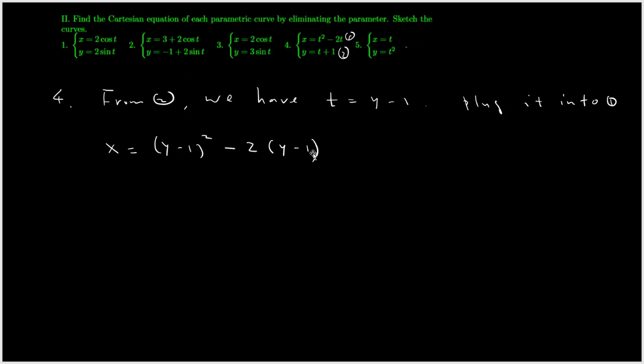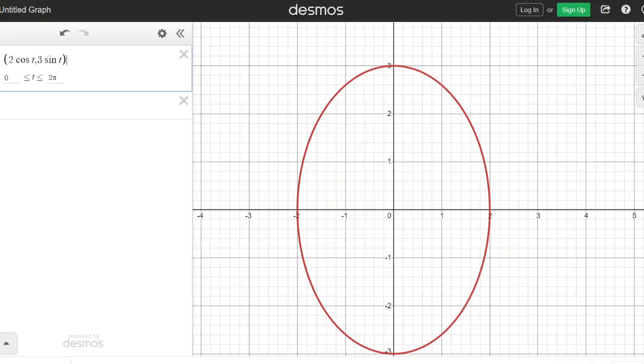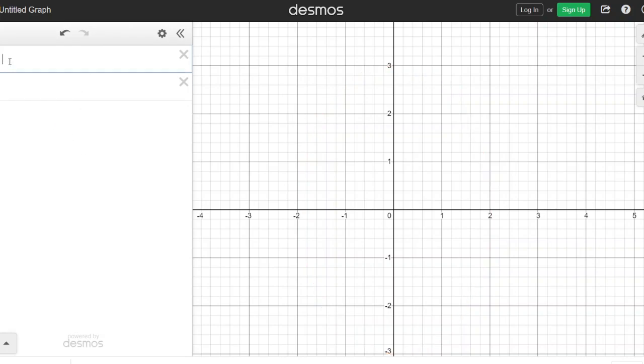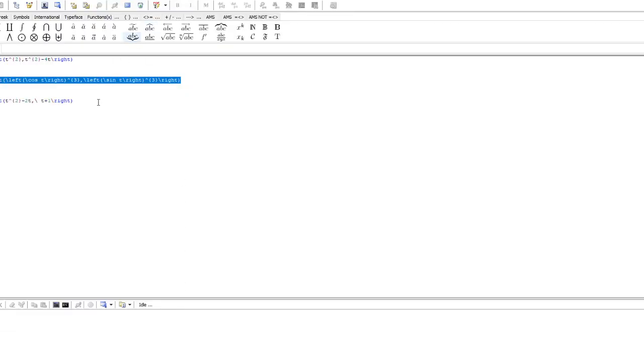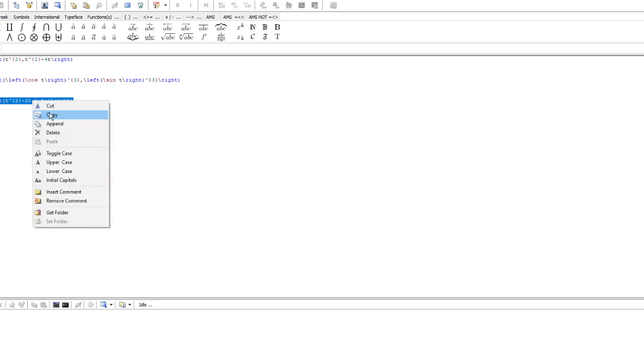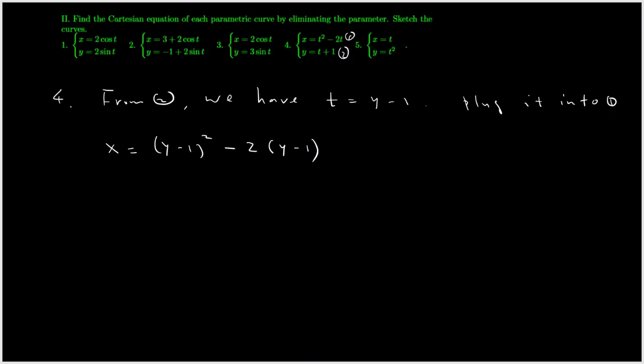So the graph is a sideways parabola. I will show you the computer sketch. I hope this is the same one. I think that's the same one.